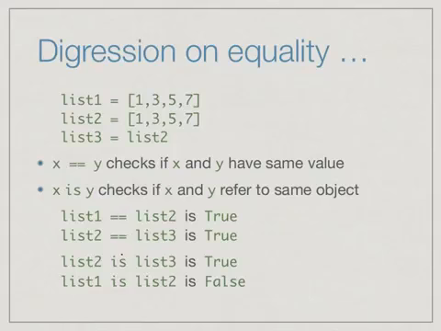On the other hand, if I look at the is operation, then list2 is list3 happens to be true because we have seen that this assignment will not copy the list, it will just make list3 point to the same thing as list2. On the other hand, list1 is list2 is false. That's because they are two different lists. So once again, it's best to verify this for ourselves to convince ourselves that this description is actually accurate.